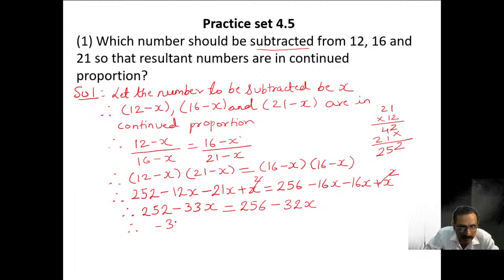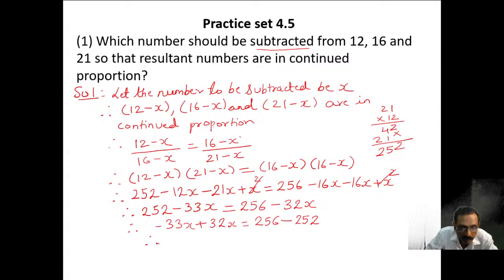Minus 33x. This minus, when it comes to this side, what will it become? It will become plus. So this will become plus 32x, which is equal to, let me write this 256 as it is. When I bring this 252, it is plus 252. When I bring this, it becomes minus 252.